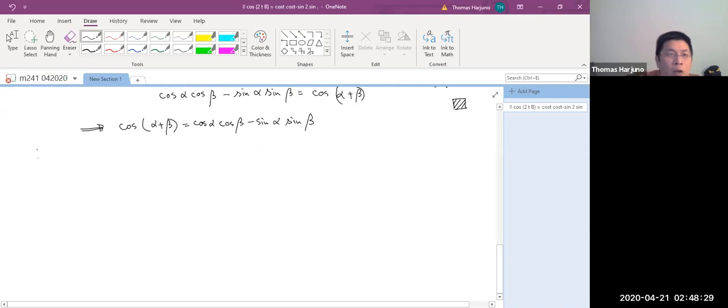We will now next prove 1, 2. That is cosine alpha minus beta equals cosine alpha cosine beta plus sine alpha sine beta.